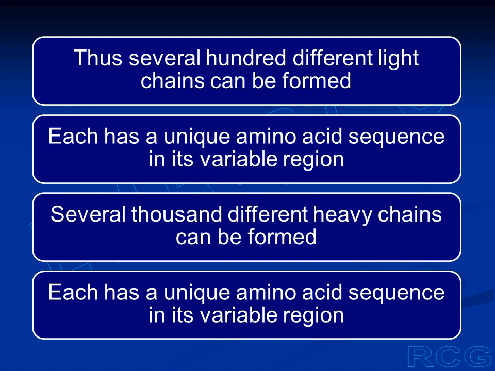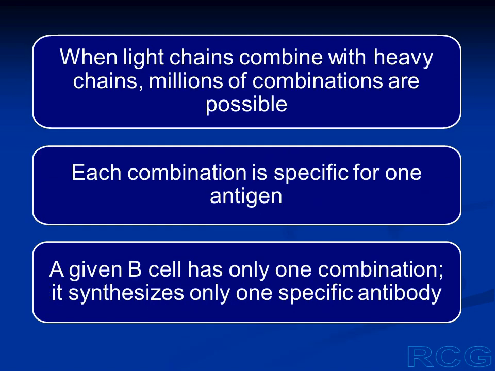So each will have a unique amino acid sequence. So hundreds of different combinations of light chains, thousands of different combinations of heavy chains. And when the light chains combine with the heavy chains, the number of combinations that are possible are in millions.